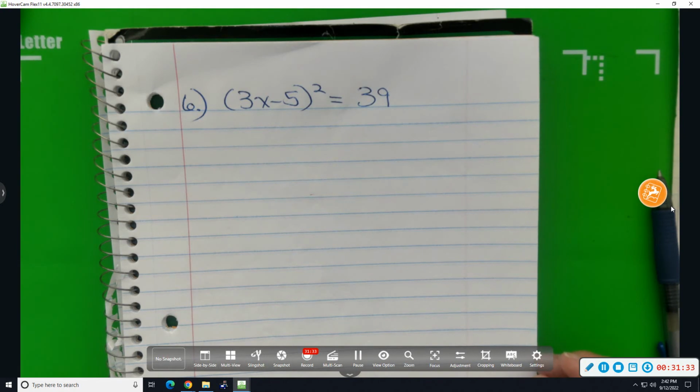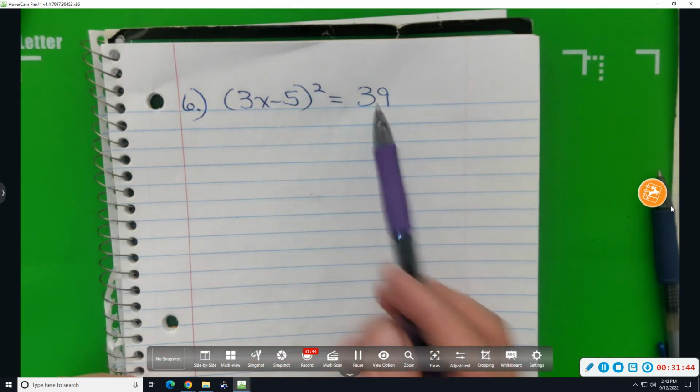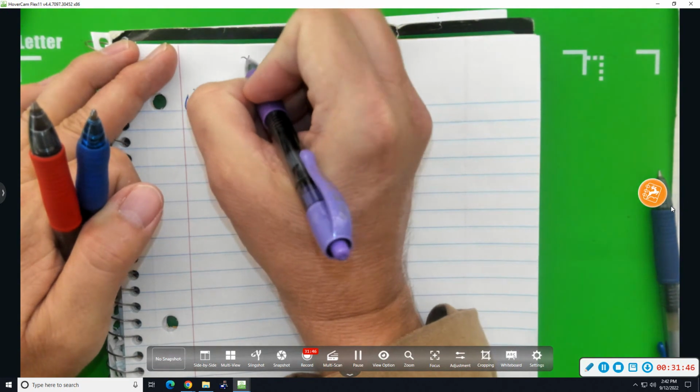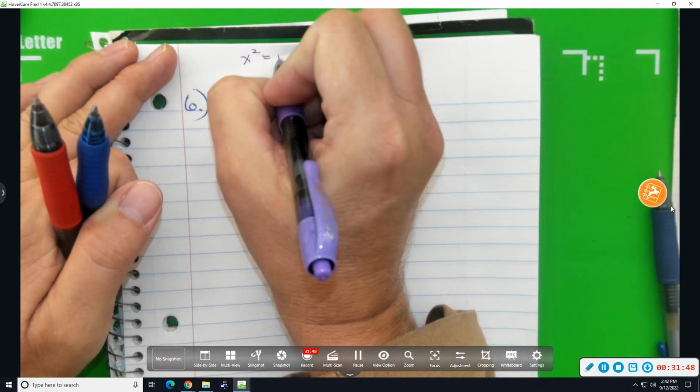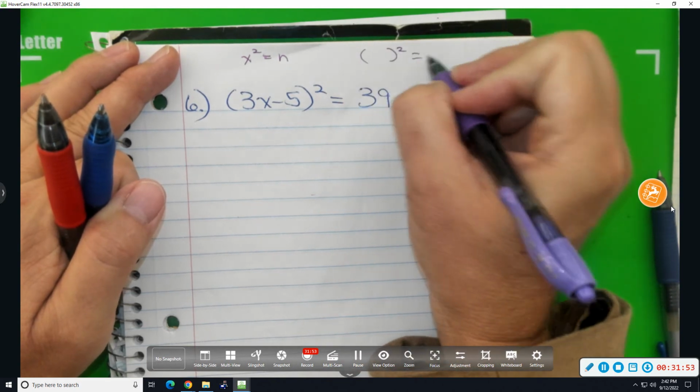Well, this sure looks messier than the others, but remember I said that you can use the square root method as long as the equation's in the form something squared equals a number. It could be just a variable squared equals a number, or parentheses squared equals a number.